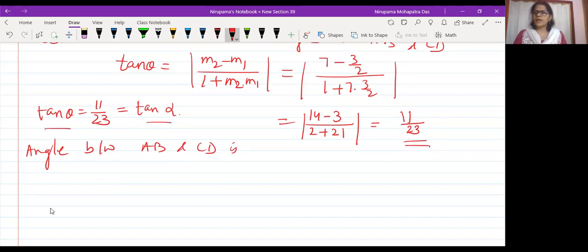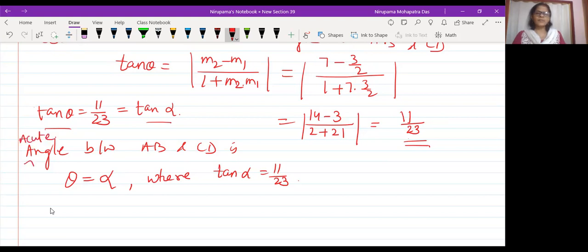We are taking the angle between 0 and pi, so the angle will not be repeated, right? So you can write here theta equal to alpha. But you have to mention here where tan alpha equal to 11 by 23. Okay, so that is the acute angle between these. But we are not given acute or obtuse.